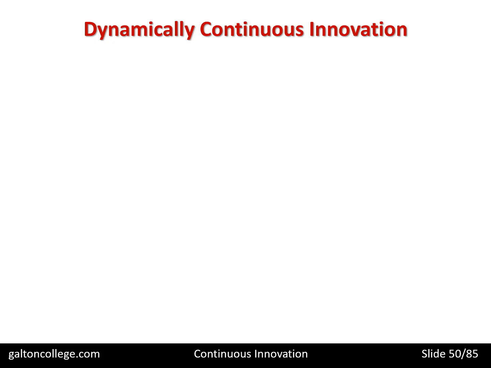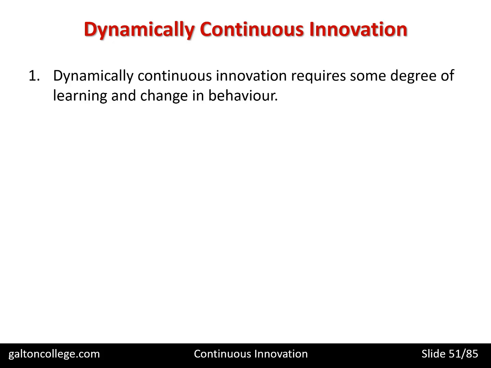Now, dynamically continuous innovation. Well, dynamically continuous innovation requires some degree of learning and change in behavior. So now the buyer, the customer, will have to learn how to use the product. So there is an investment on the part of the buyer. They have to know how to use it.